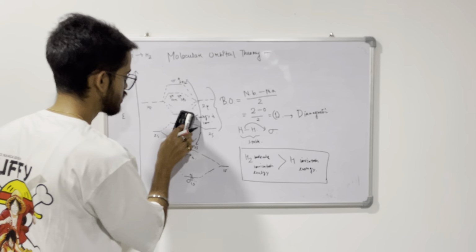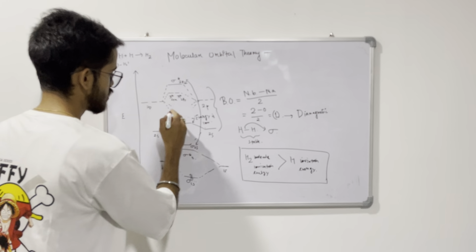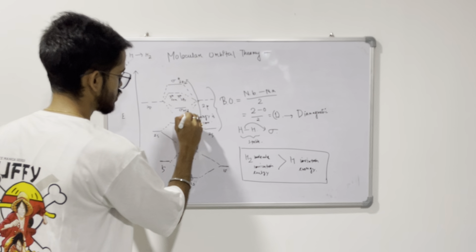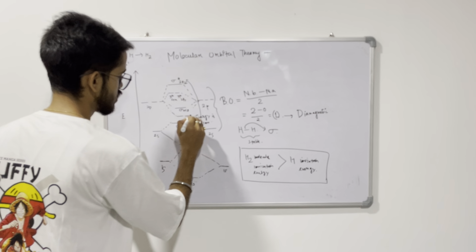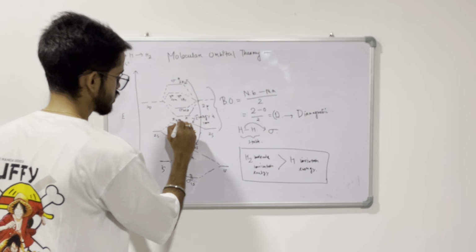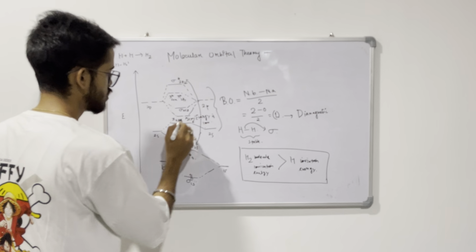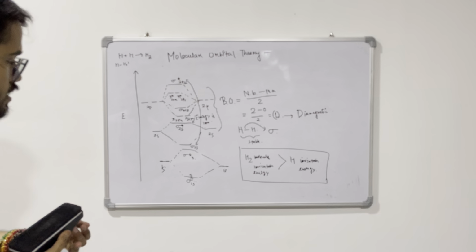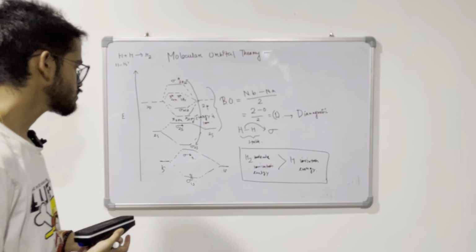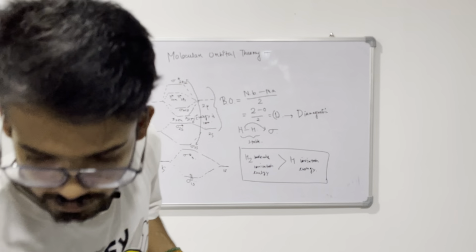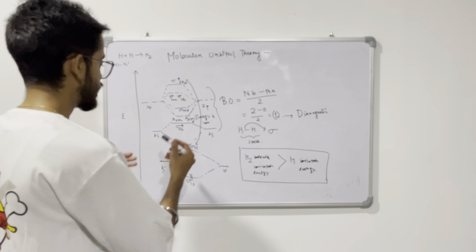Similarly, sigma 2pz goes up. Pi 2px, 2py. So why this? Because when the size is large, the distance between s and p orbitals is low, so they get mixed.